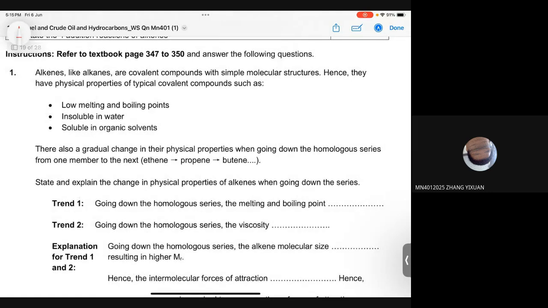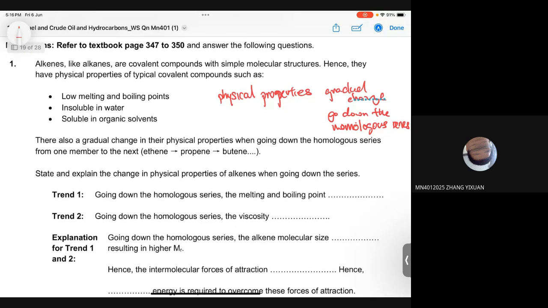We know from the previous part that the physical properties will show some gradual change when you go down the homologous series. We explained this at the start of alkanes, at the physical properties of alkanes. The reasoning is exactly the same as well.